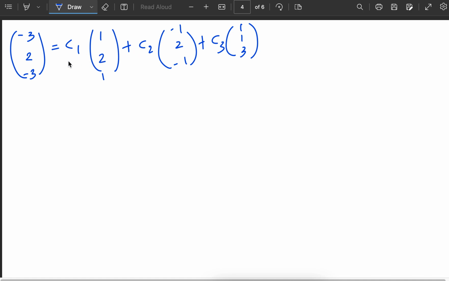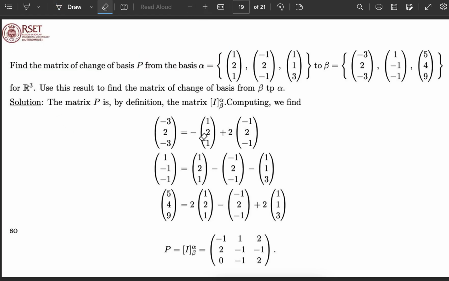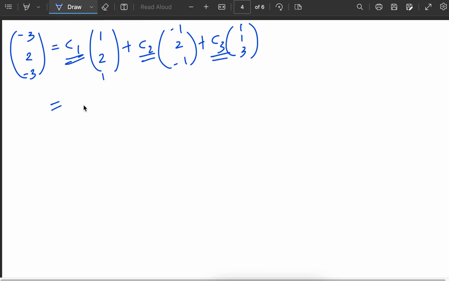Then try to find the arbitrary constants C1, C2, C3. Solving that, we will get C1 is equal to -1, C2 is equal to 2 and C3 is equal to 0.